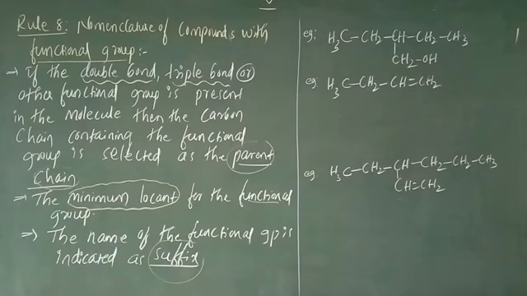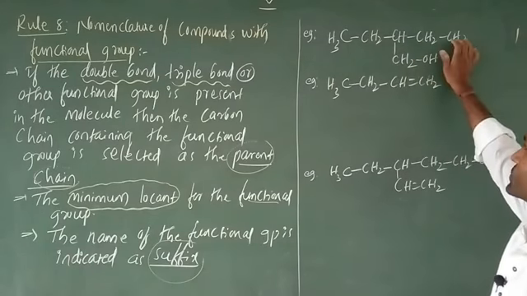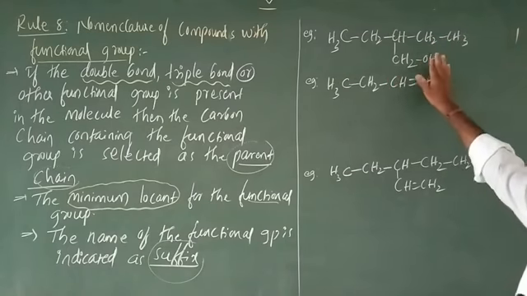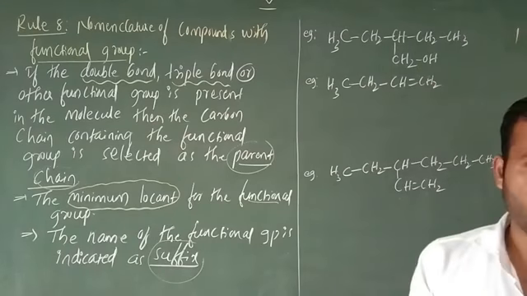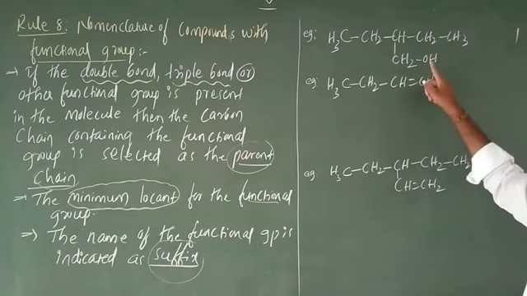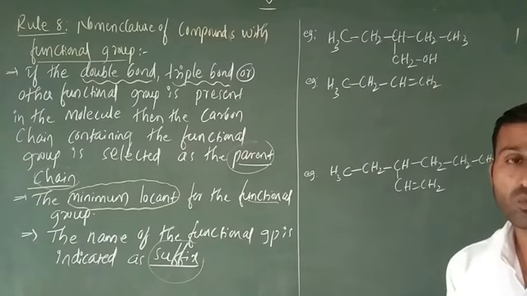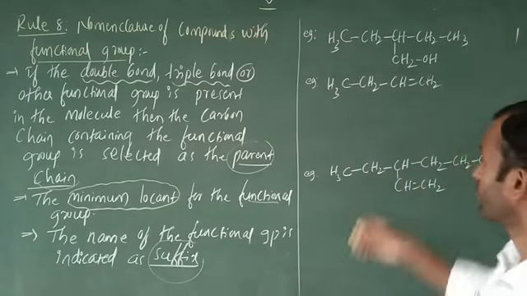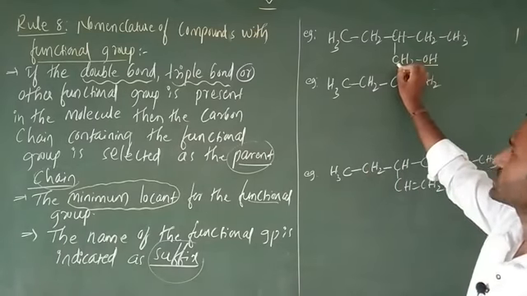Here we have CH3, CH2, CH, CH3, next CH2, CH3, CH2, CH. In this case, first your duty is to find out where the functional group is. I find that the OH group acts as the functional group. What is the name of this one? Alcohol, the "ol" ending. The OH group is attached to this carbon.